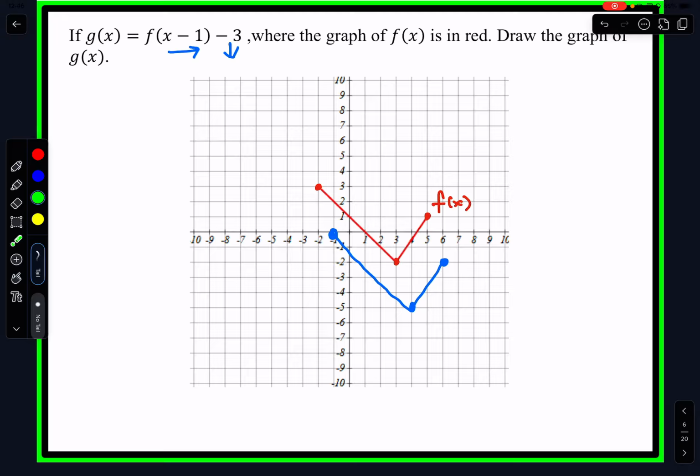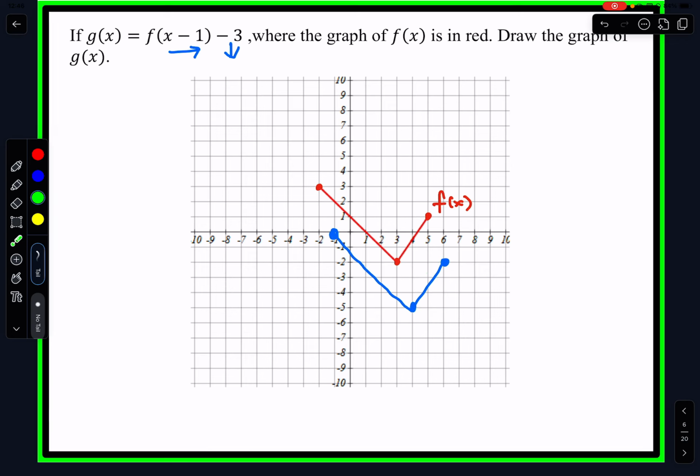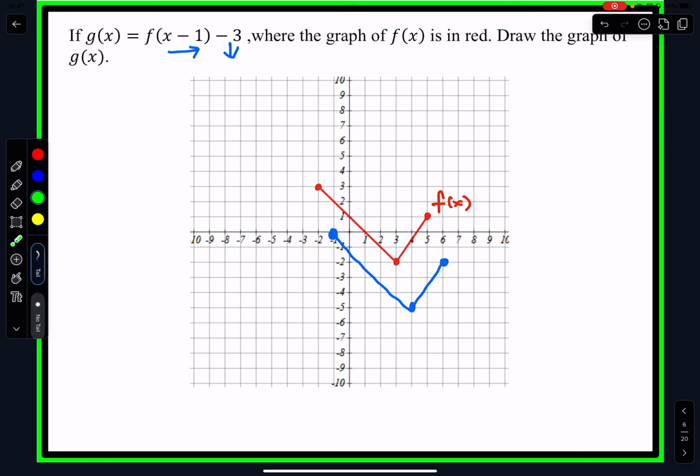Now, if you're still getting this one wrong and you know you're doing this correctly, double check that you're connecting these points from left to right and that you did not start with this middle point and go up and then back down and then connect to that point right there, because it's going to see that you're overlapping here and it's going to mark it wrong because you have an extra piece of graph that isn't required for this answer. You only need 2 line segments, this one and that one.